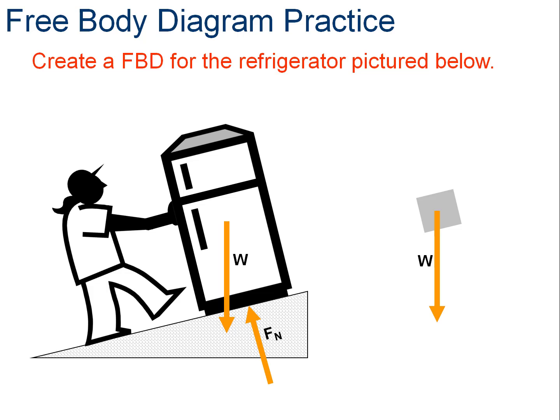I've got a normal force from the ramp pushing up on the object, but I show it pulling up from the middle. Remember what we said. A pushing force up is the same as a pulling force up. It doesn't matter. So my normal force is supporting it, pulling up.